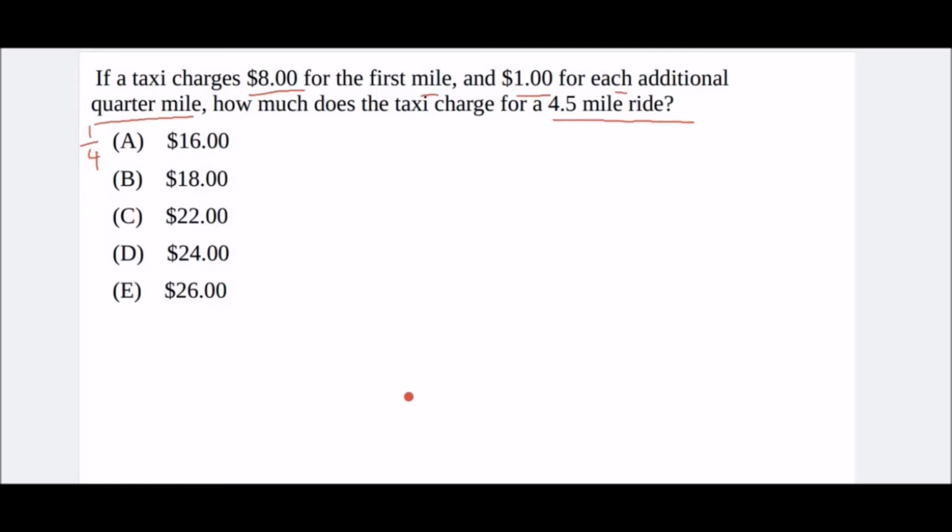See, according to the question, for the first mile, the charge is $8. And for the remaining 3.5 miles, what is the charge rate? See here, that is $1 for 0.25 mile. So for 1 mile, the charge will be $4.